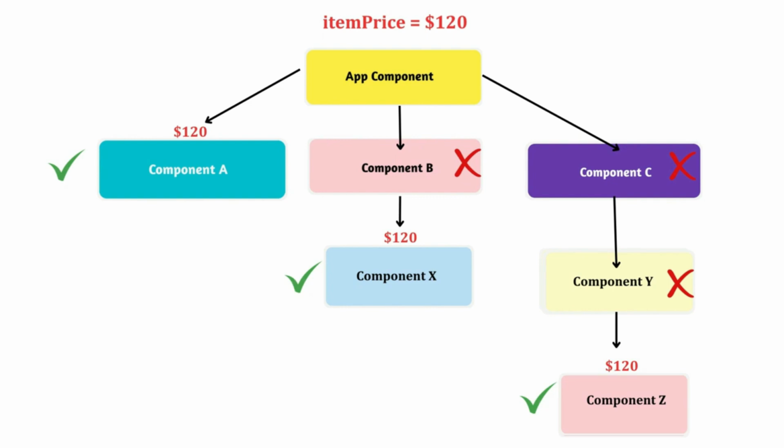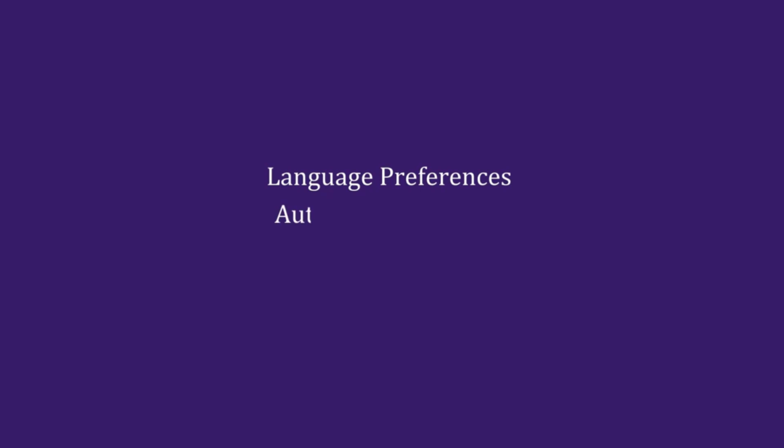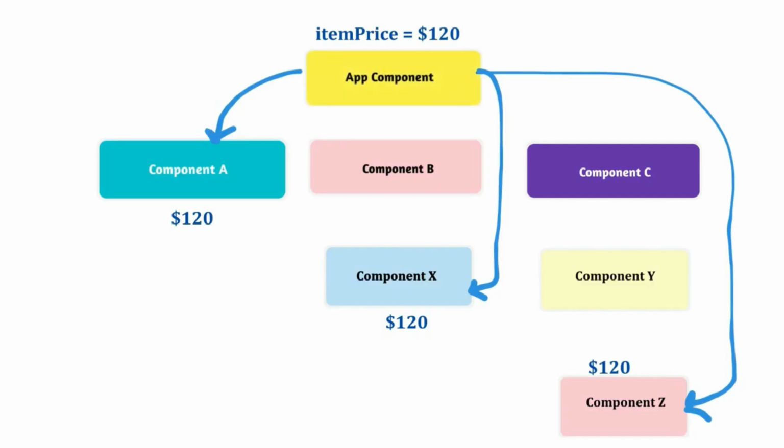Props such as the language preferences, authenticated users, and the UI theme. Okay, so won't it be nice if we can directly send data to the required component of concern without having to props drill through the nested components?